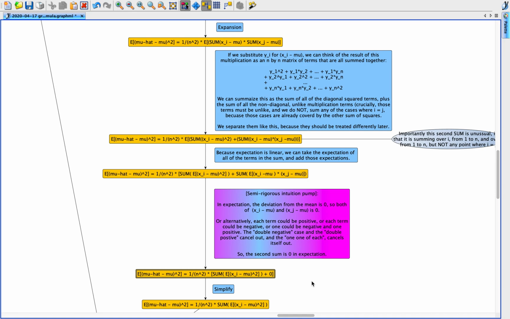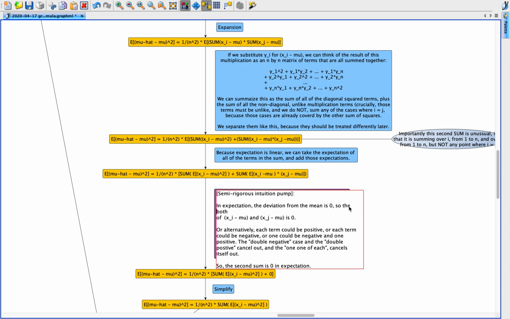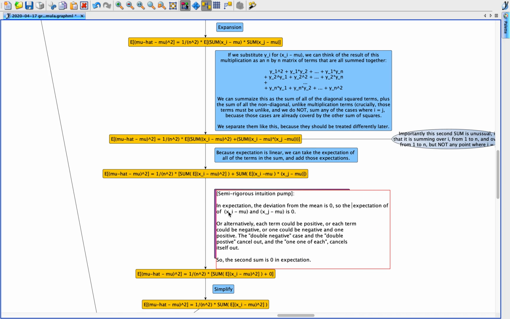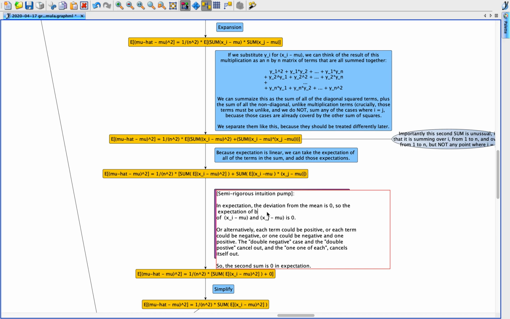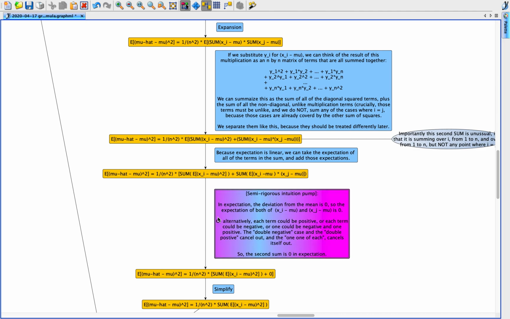So the expectation of both xi minus mu and xj minus mu is 0.